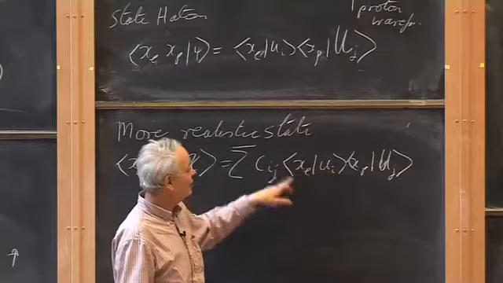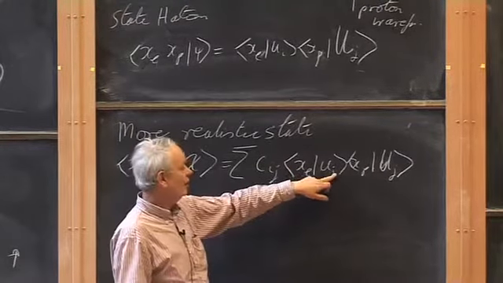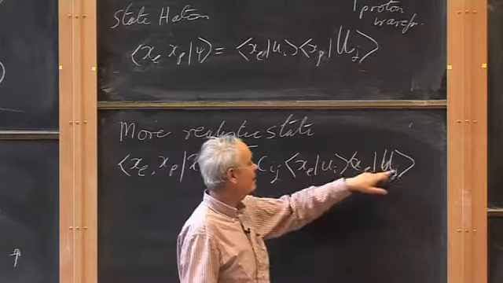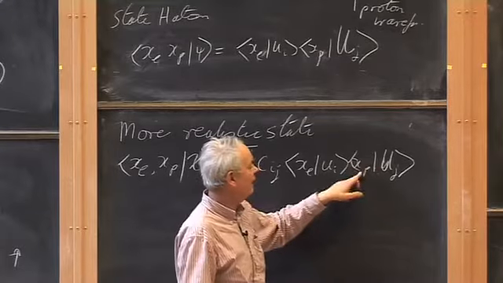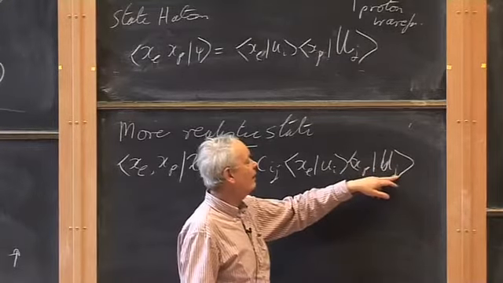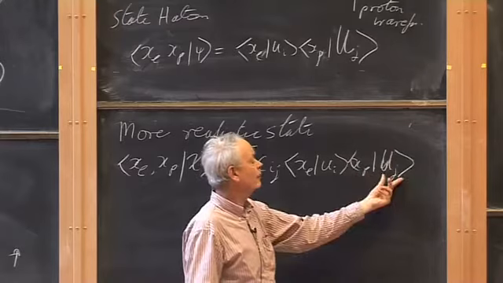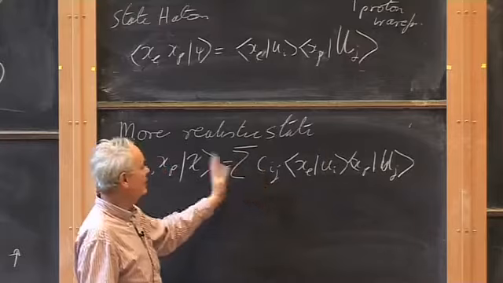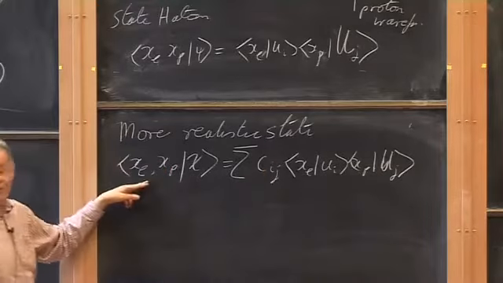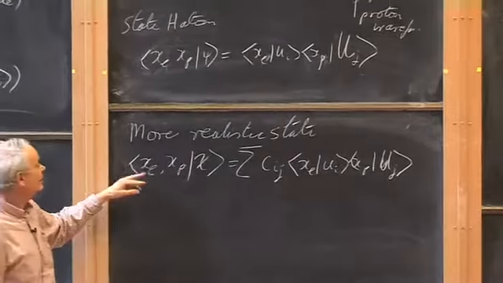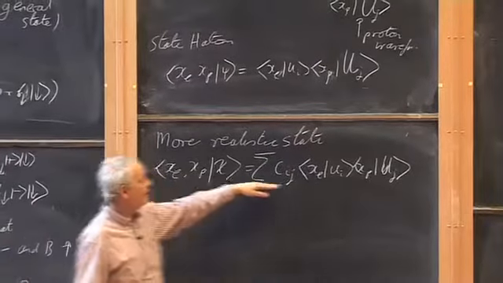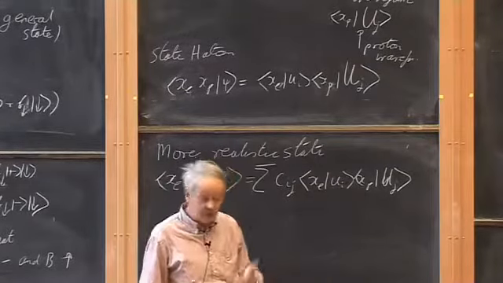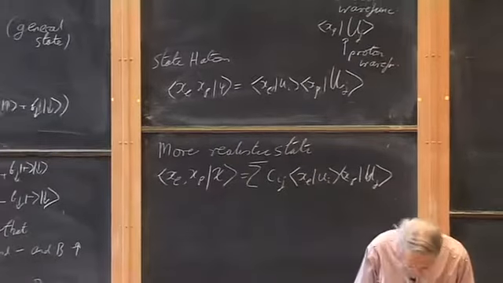There's a set of functions of xe which have labels i and return complex values, and then this complex number is multiplied by this complex number, which is a function of xp, a member of a family of functions with labels j. Here is an amplitude, another complex number. Add these complex numbers together, and you get this complex number. Any state of a hydrogen atom must be writable like this, but realistic states are not writable like that, because of this correlation of the proton and the electron.